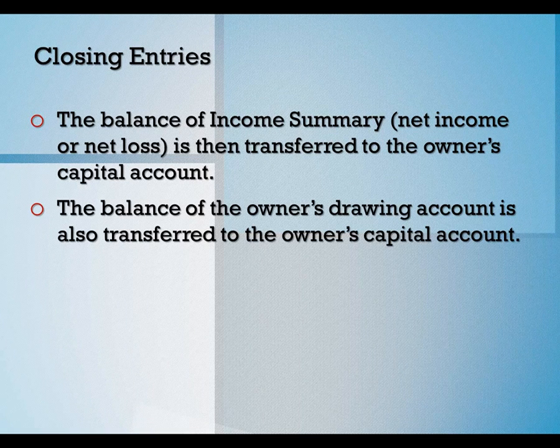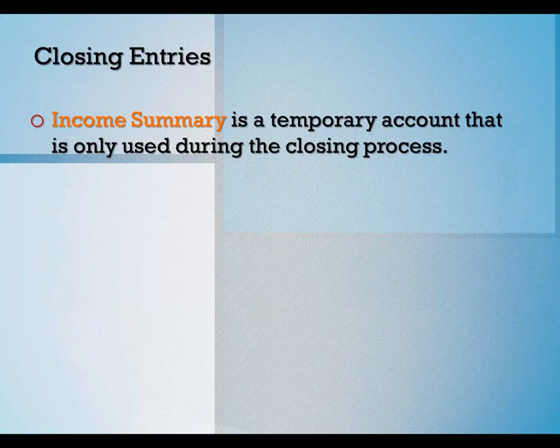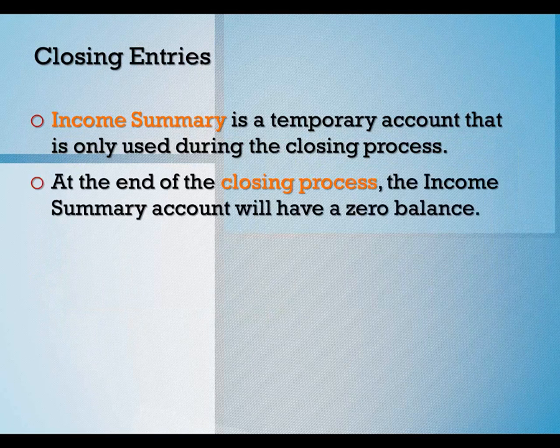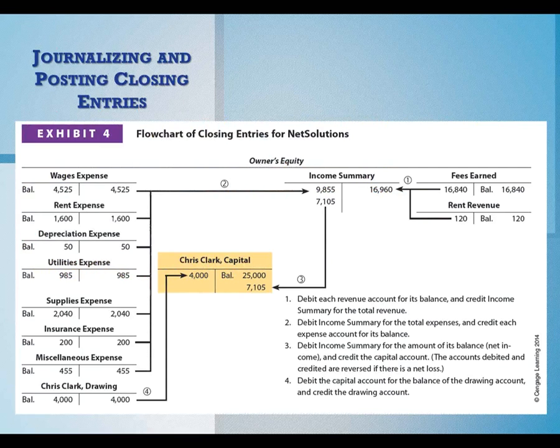We do revenues, expenses, then we actually close your income summary account, and then we're going to close our drawing. Those are called closing entries. So you do adjusting entries, you do your financial statements, and then you do your closing entries. I've talked about that already. We're going to get those to zero.